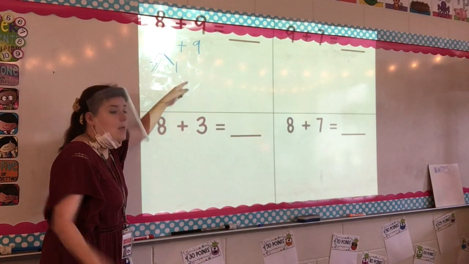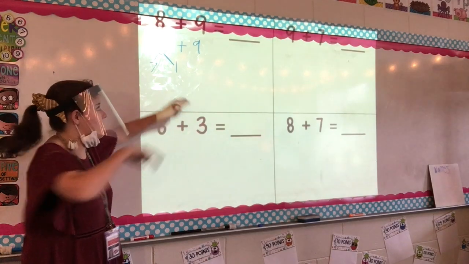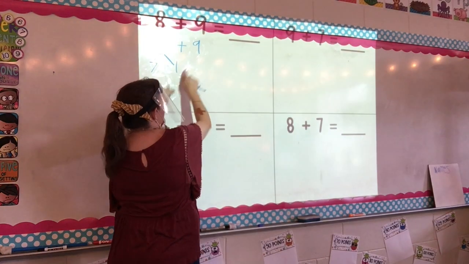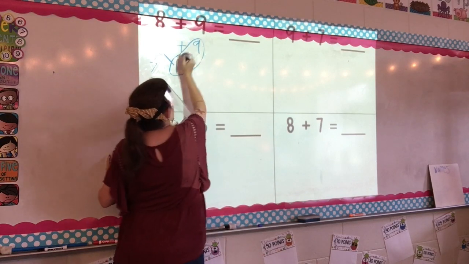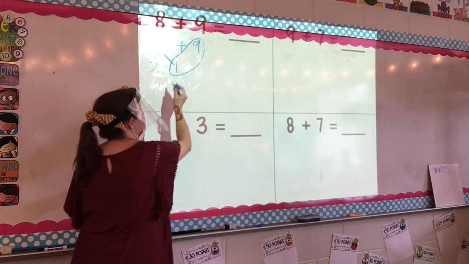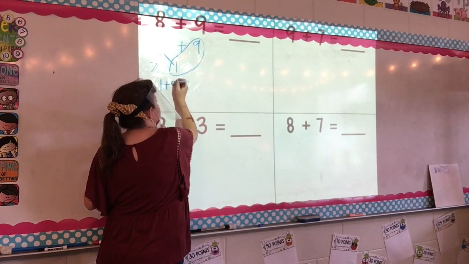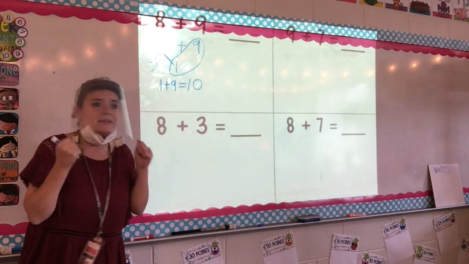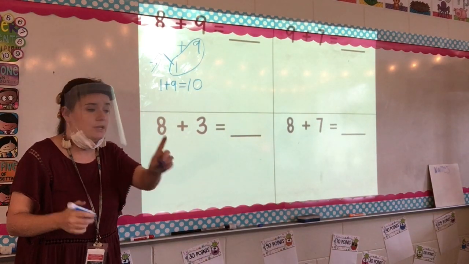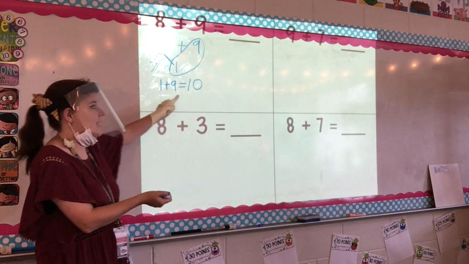Okay? My next step is to make my number pairs to 10. 9 plus 1 gives me 10. 9 plus 1, and I'll write that down. 9 plus 1 gives me 10. I want to make my number pair to 10 first. So I'm going to circle these numbers, and 1 and 9 become 10.